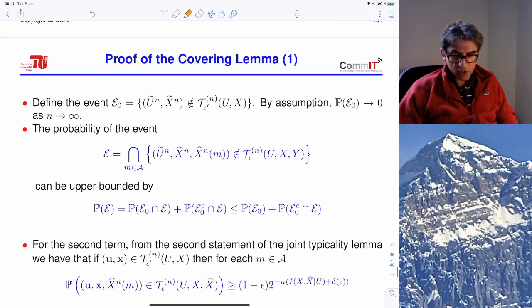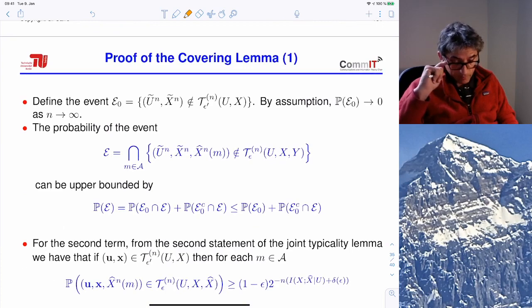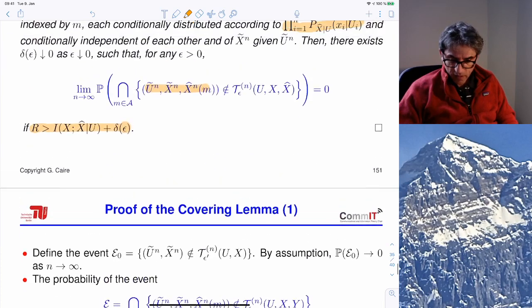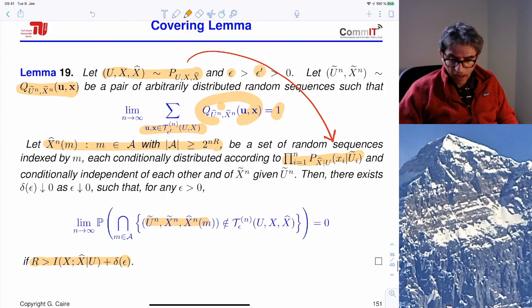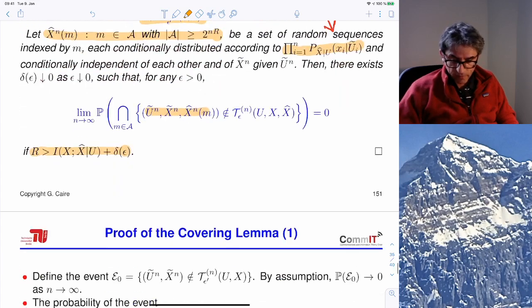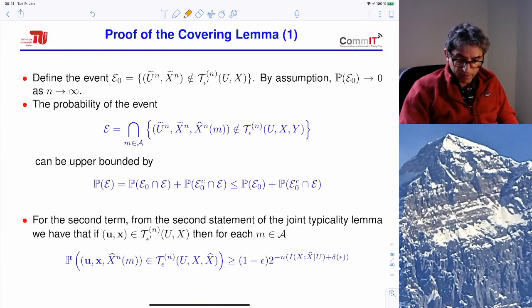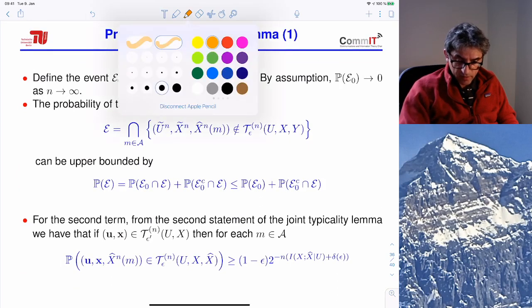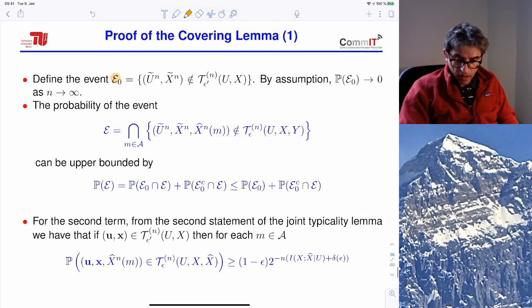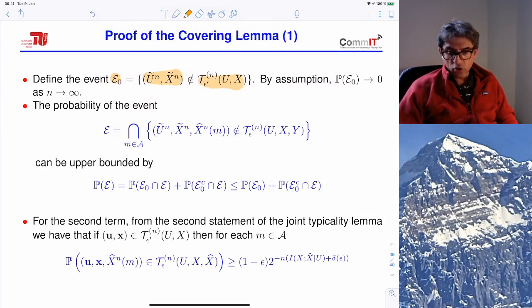So the proof goes as follows. First of all, since U tilde and X tilde are randomly generated, we create an event E0, which is the event that our generated U tilde and X tilde are not jointly epsilon prime typical.